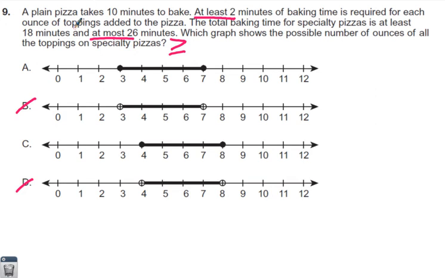So if you subtract 10 from here and from here, you get a new interval of between 8 and 16. Hopefully you're understanding what's happening. If you subtract the 10 minutes for the plain pizza, we need 8 extra minutes for the toppings and 16 minutes maximum extra for a high number of toppings.